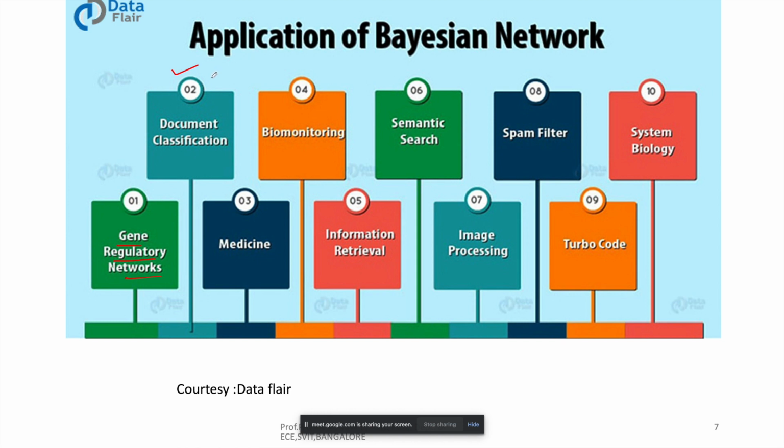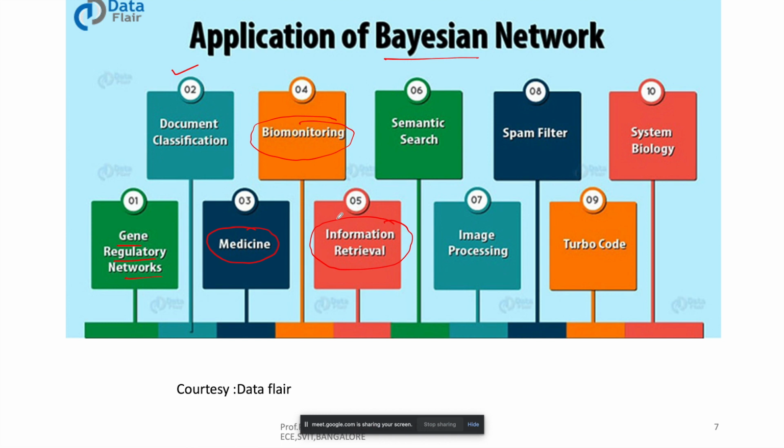Okay, so there also you will be having this network. Then in medicine they are using it, in bio monitoring systems they are using it, and in information retrieval. That is very important. Information retrieval algorithms, if you take it, this is the best network which they are using in the world.